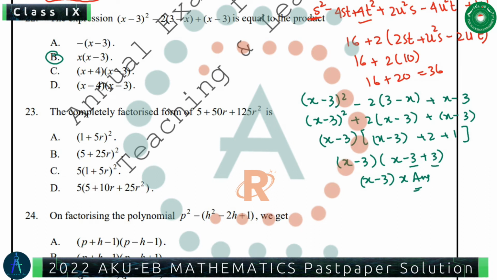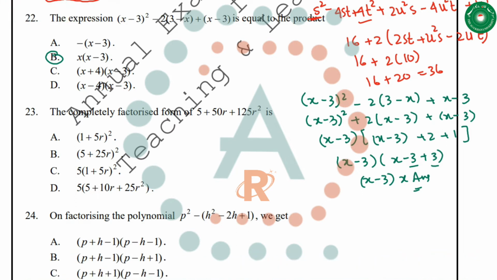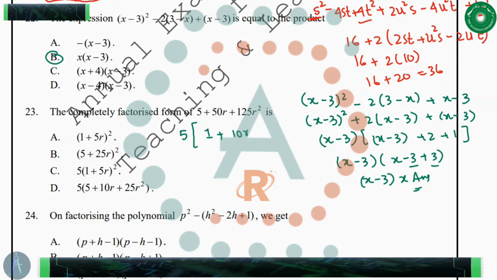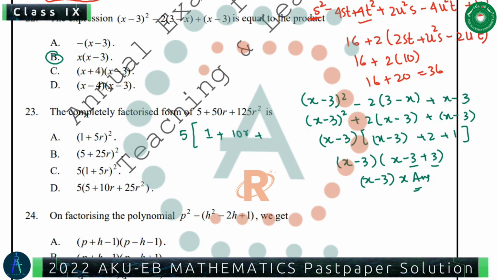Then we have question number 23. We have to completely factorize this. So first of all, we take 5 common from here. We will get 1 plus 10r plus 25r square.